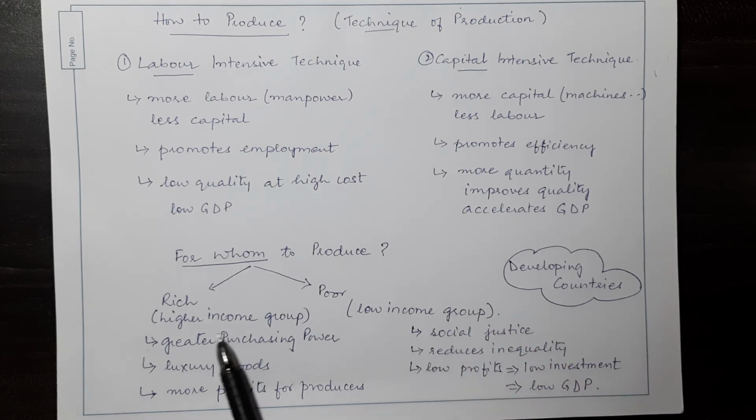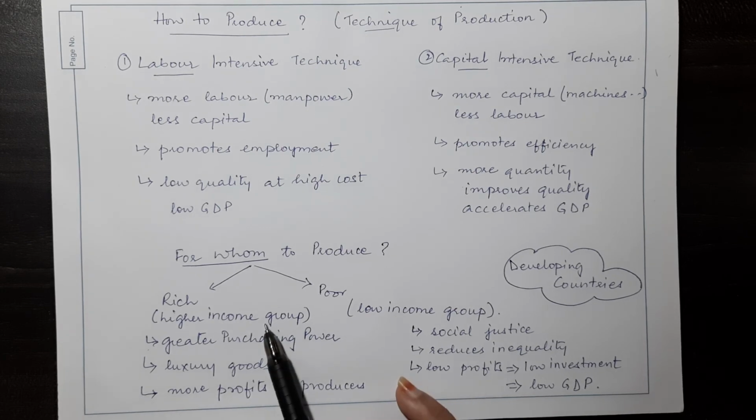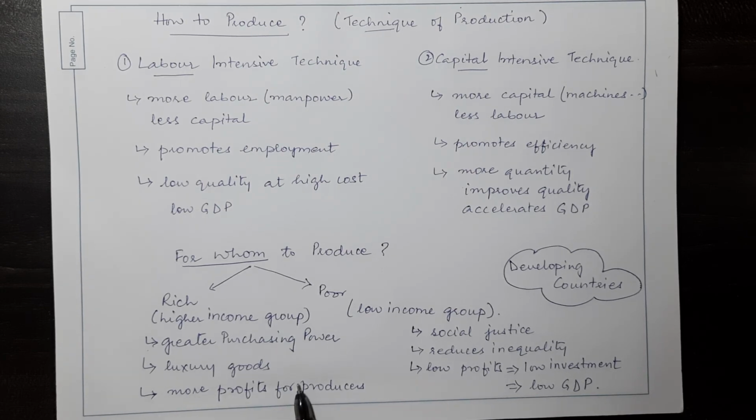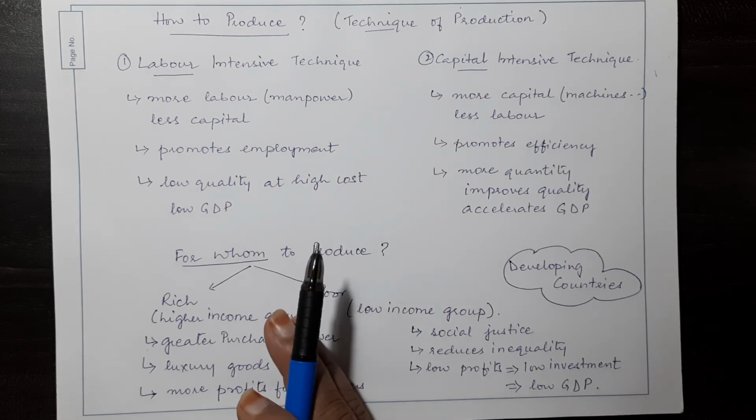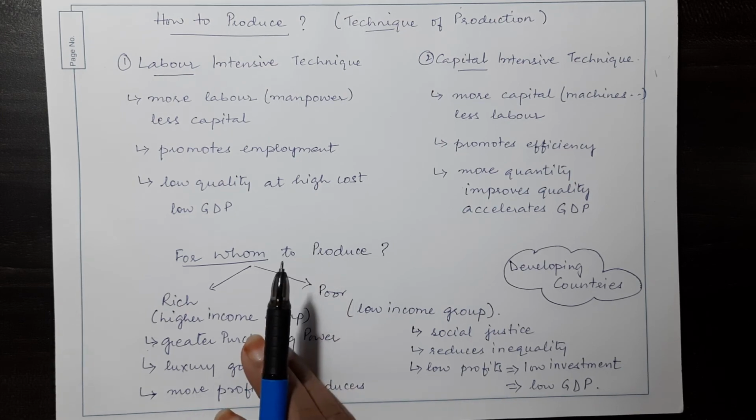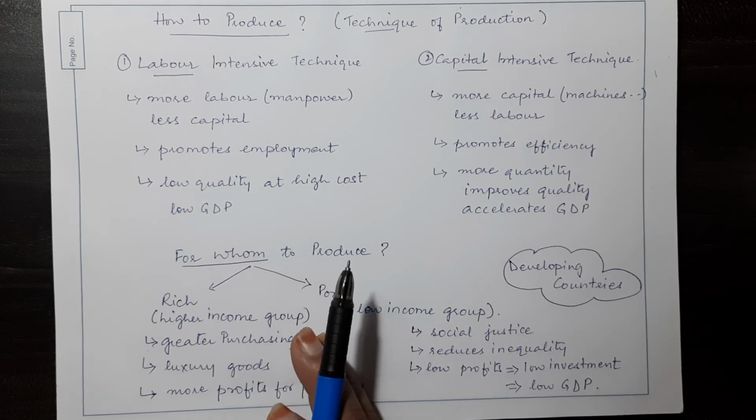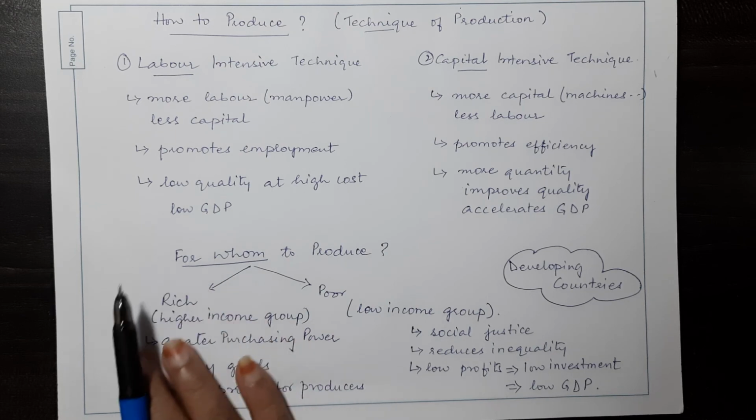However, if these kind of goods are produced, then that means when profit maximization is taken care of, then the growth will be faster. So, the capitalist economy would produce goods which would maximize profits, and so those goods will be for the higher income groups.